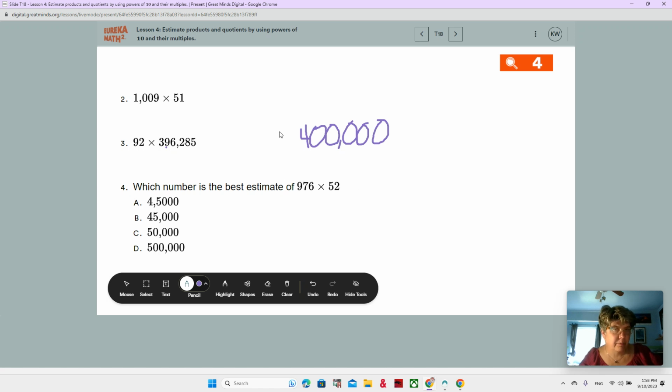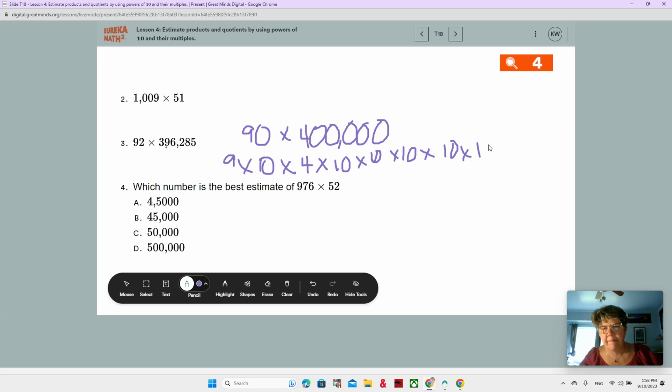And 92 can become 90, right? So then we have 9 times 10 times 4. 1, 2, 3, 4, 5, right? That's 5 tens. 5 zeros equal 5 tens.